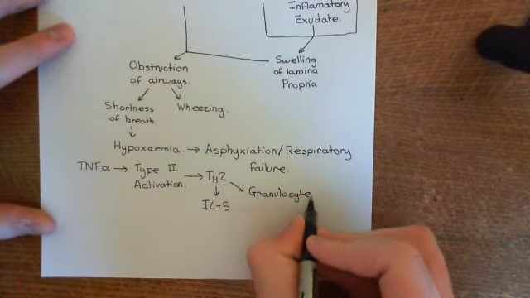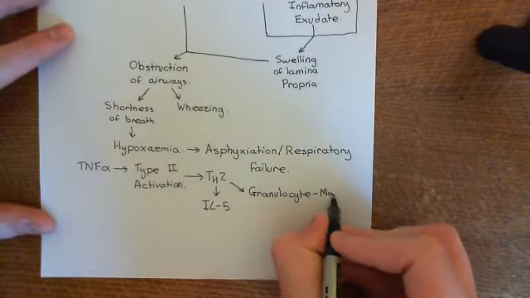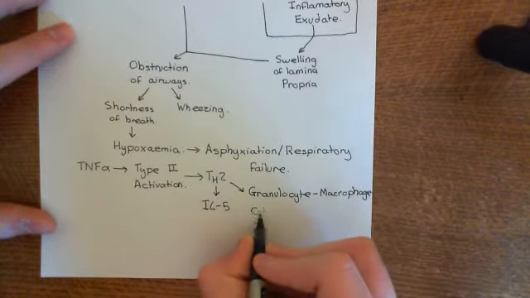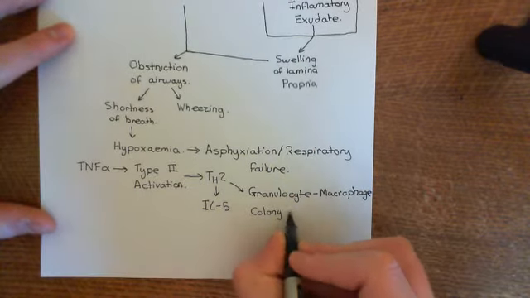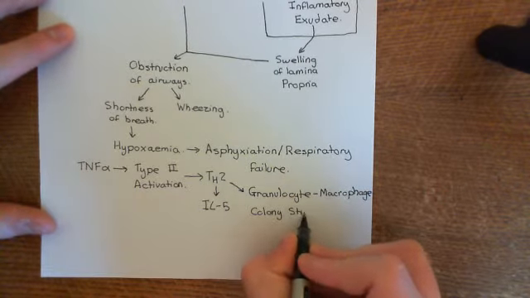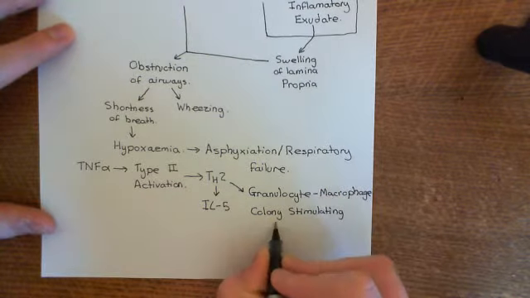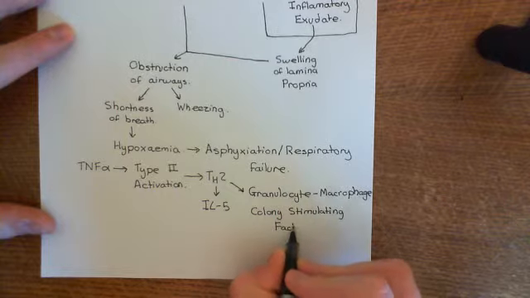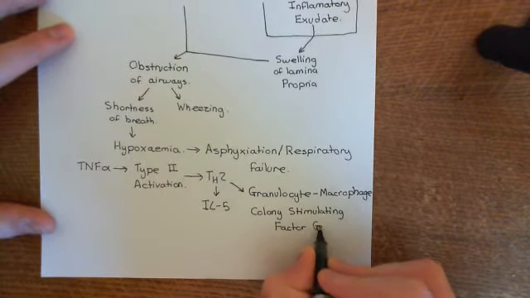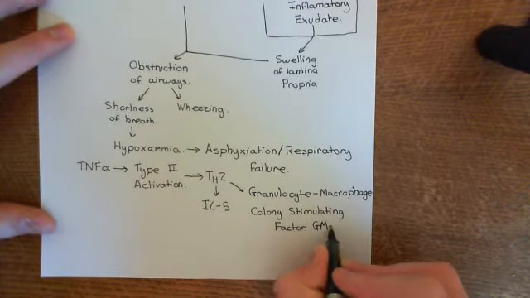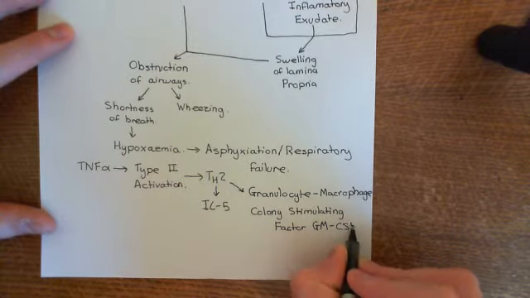This is a fantastically long named protein. For short, the granulocyte macrophage colony stimulating factor is often abbreviated to GM-CSF. GM for granulocyte macrophage, and then CSF for colony stimulating factor.